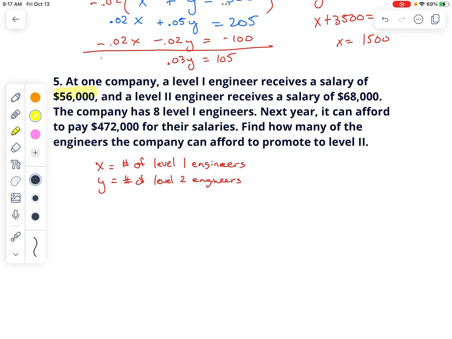We're told the salaries of each, and then a total amount of salaries. So let's work with that for an equation. So we have 56,000, and however many level 1 engineers we have, so we multiply by x, plus the 68,000 times how many level 2 engineers, and we want this to total to the 472,000.